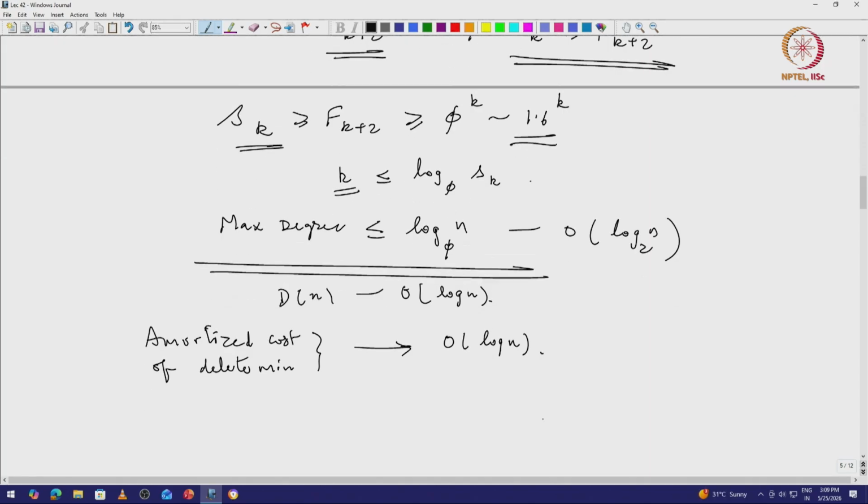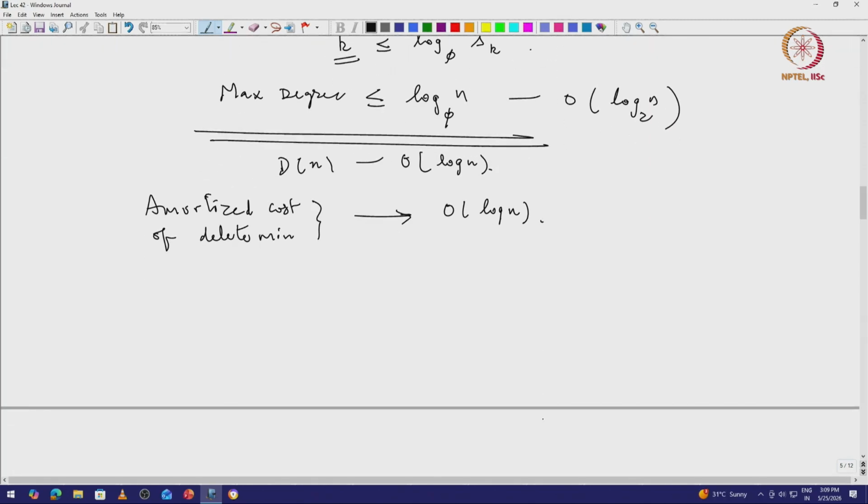So the Fibonacci heap has the following properties. Insert is order 1, both worst case and amortized cost.